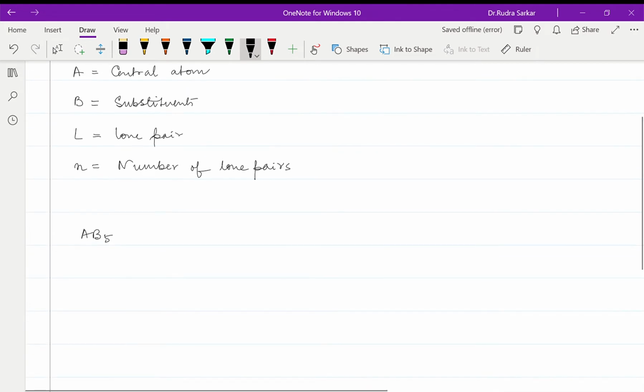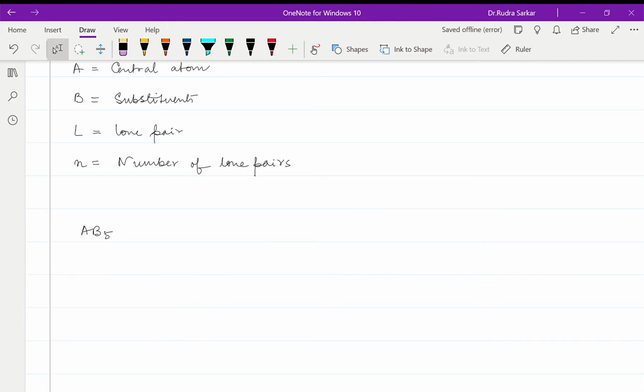So basically your central atom is making 5 bonds with B. That means there are 5 electron pairs present in the molecule, and these are all your bond pairs, and your lone pairs, as I have stated, is 0. So we know that steric number is nothing but the bond pair plus the lone pair.